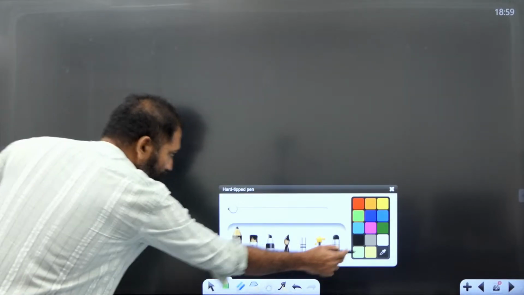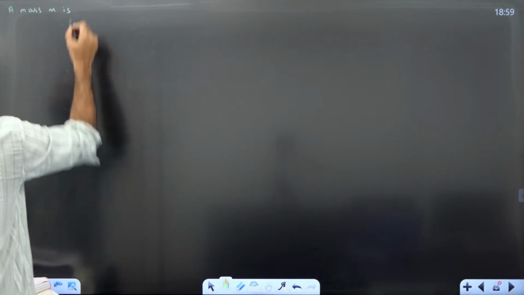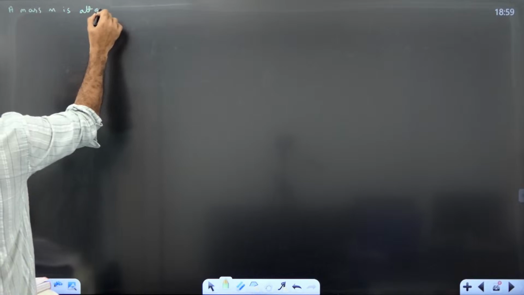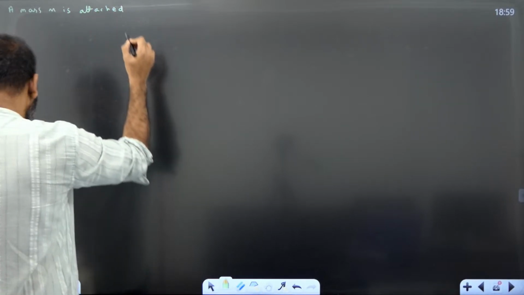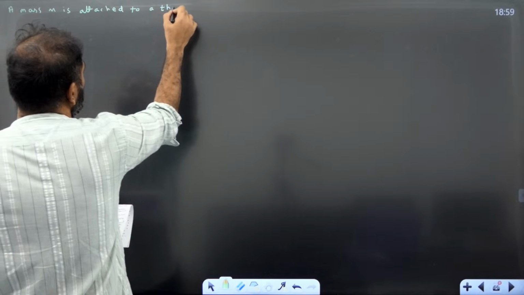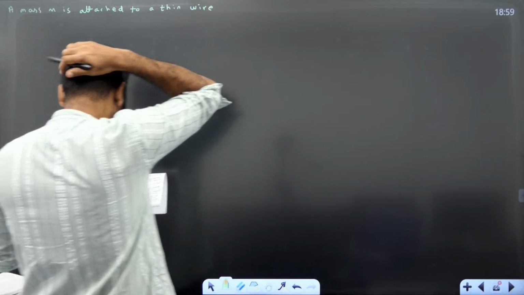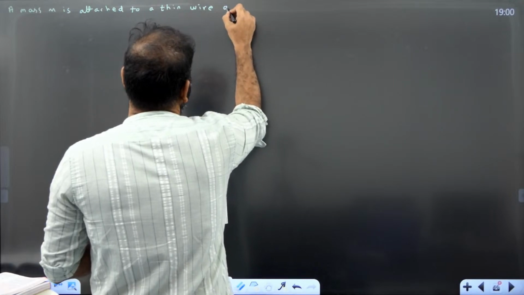Next, we are doing some problems. A mass M is attached to a thin wire and whirled in a vertical circle.